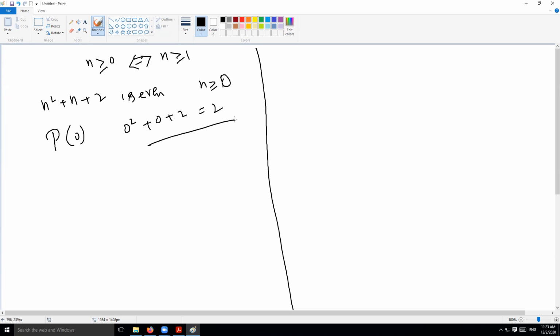I don't want to complicate things too much, but the principle of mathematical induction can be applied not only when n is a natural number, but also when n is an integer, whether positive, negative, whatever.